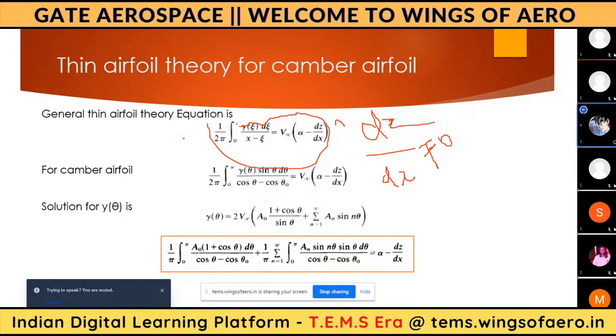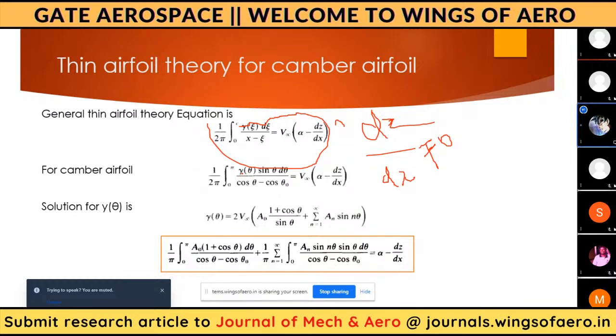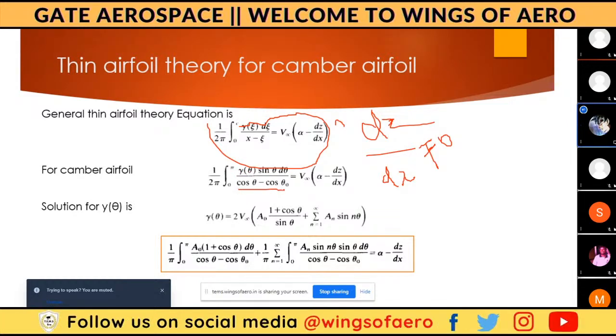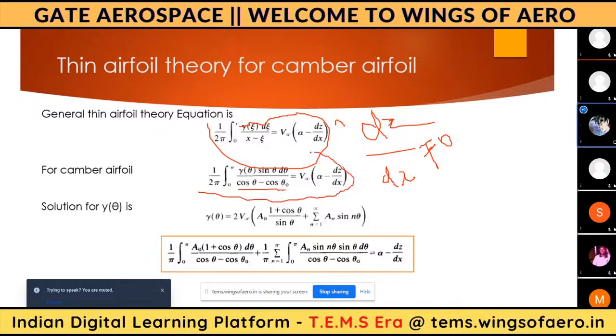By substituting all these, we will get 1 by 2 pi integral of 0 to pi, as psi is transformed to theta, gamma of theta sin theta d theta divided by cos theta minus cos theta naught, that is equal to V infinity into alpha minus dz by dx. From this equation, we will derive a solution for gamma of theta.